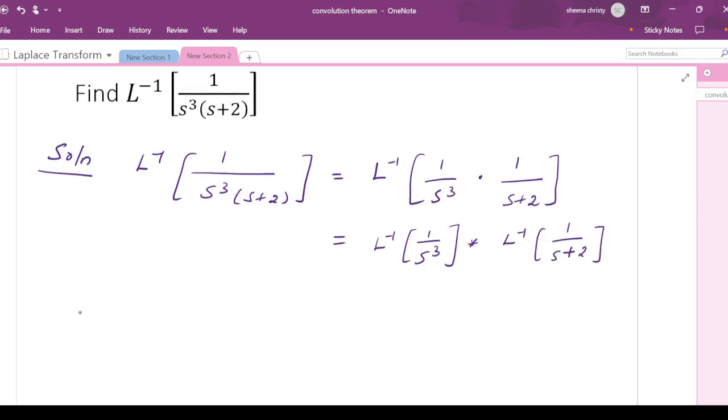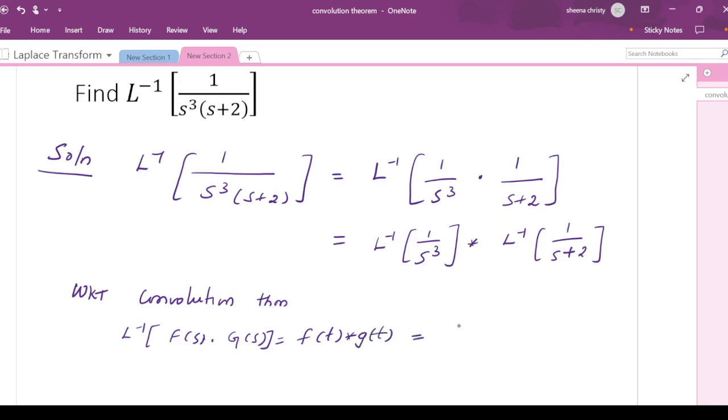We know that by the convolution theorem, we have L inverse of F(s) times G(s) is equal to f(t) star g(t). This is going to be the convolution of two functions definition, f(u) times g(t minus u) du.